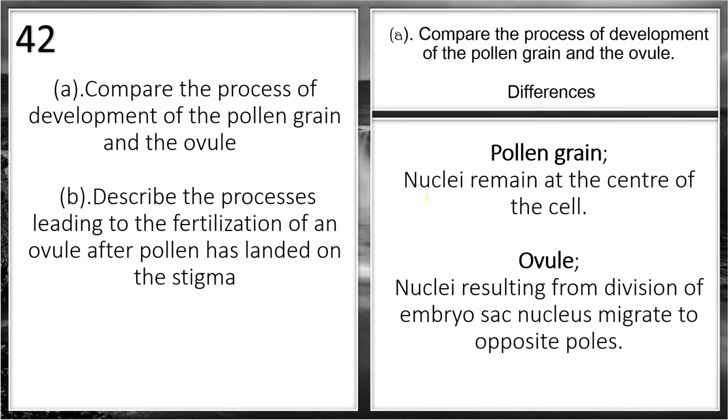In pollen grain, the nuclei remain at the center of the cell. In the ovule, the nuclei resulting from the division of the embryo sac nucleus migrate to opposite poles.